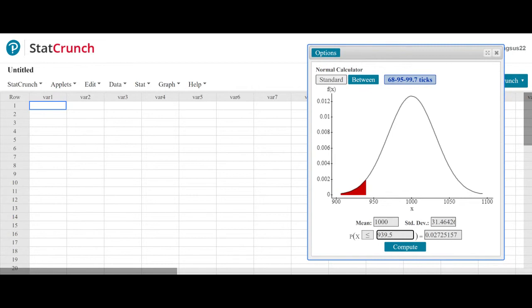And so what that's giving us is the probability. There's basically a 2.7% probability that fewer than 940 will experience serious post-laser vision problems. So it's a very small chance, and you can see that in the shading in the graph there as well.